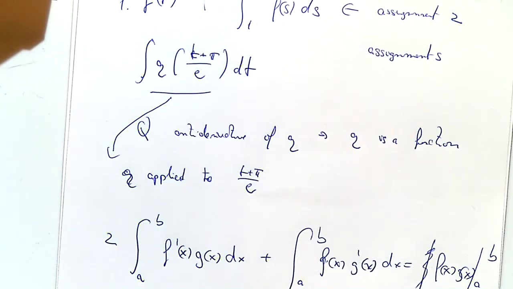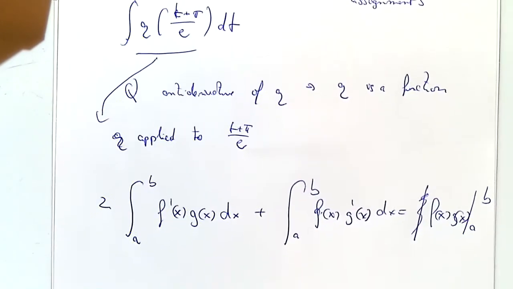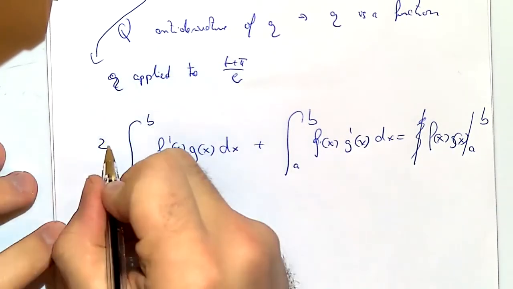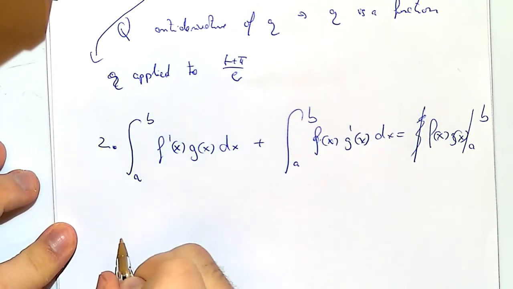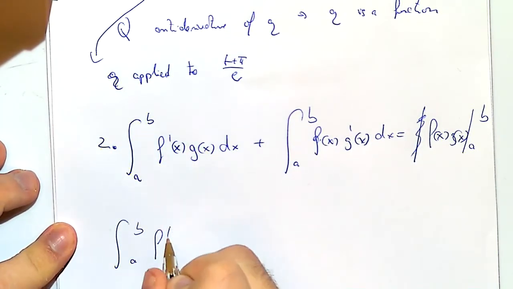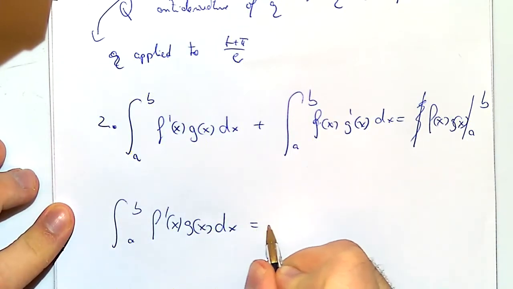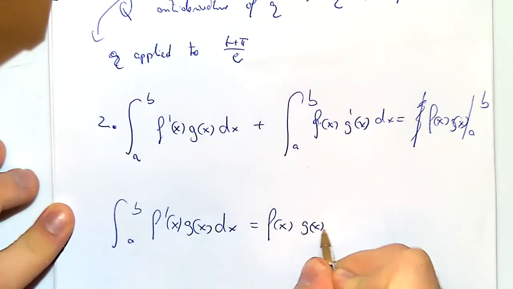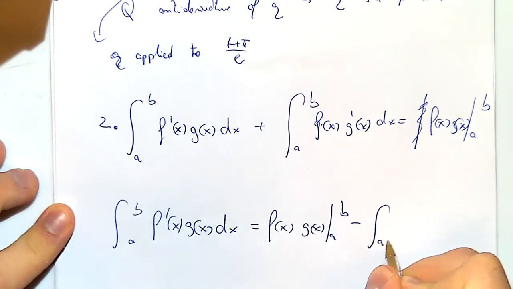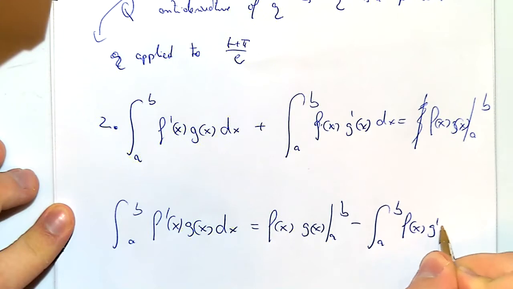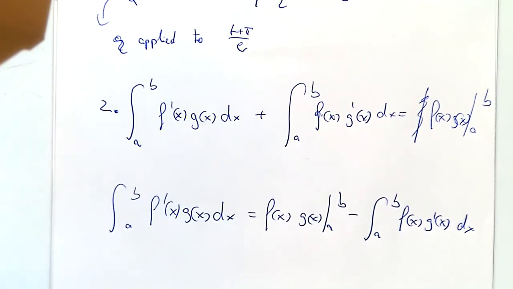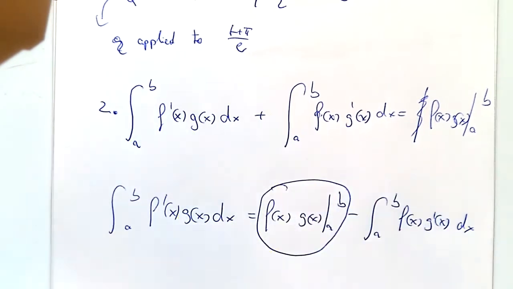And the way most of you are writing it, which is perfectly fine, is the integral a to b of f prime of x g x dx is equal to f x g x from a to b minus the integral a to b of f x g prime x dx. Perfectly fine to apply it like this, but be really careful when you are applying integration by parts to a definite integral. Do not forget the heads of the integration.